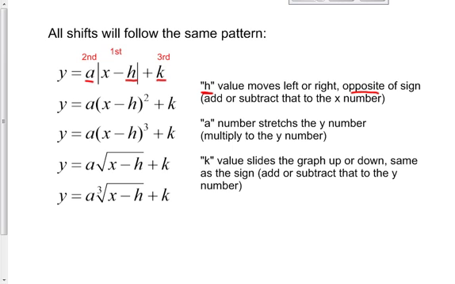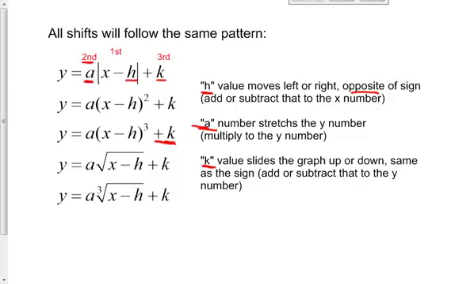The second thing we're going to look at is this a value out in the front. The a value stretches your y number. In other words, it multiplies your y number. And the third thing we're going to look at is the k value. The k value is the number sitting out in the back. That is the value that slides your graph either up or down, and you will do the same movement as what the sign says.